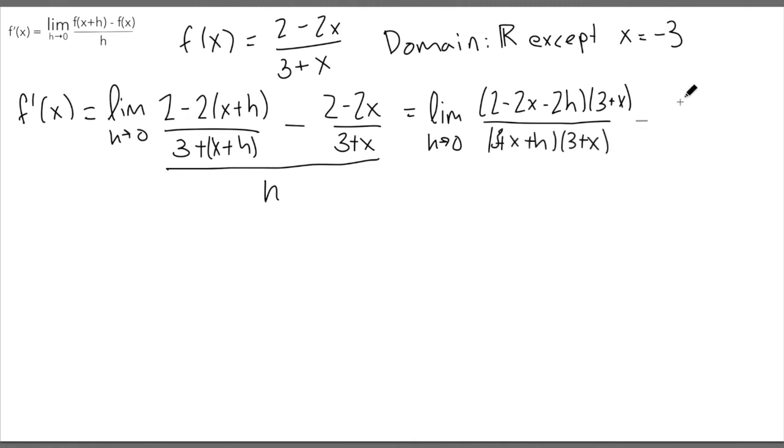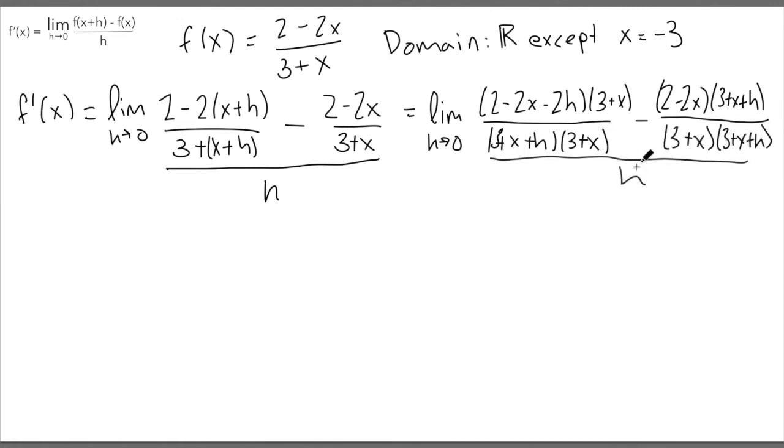And for the other fraction, I need to multiply by a 3 plus x plus h. So I have 2 minus 2x times 3 plus x plus h over 3 plus x times 3 plus x plus h. So now I have this least common denominator. This is again all over h, and so I can combine the two.